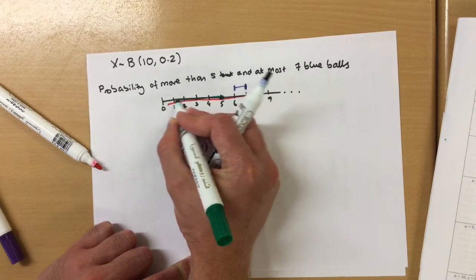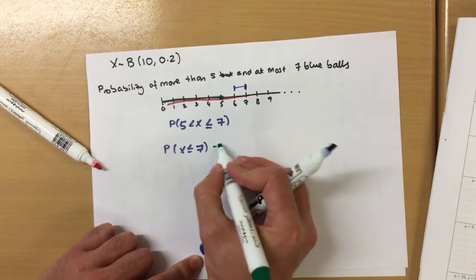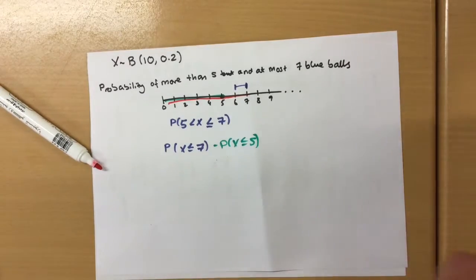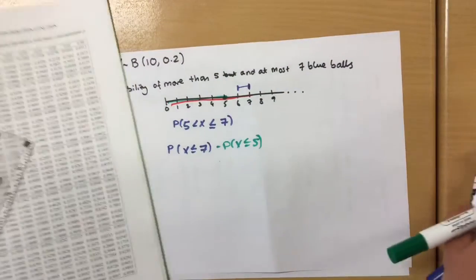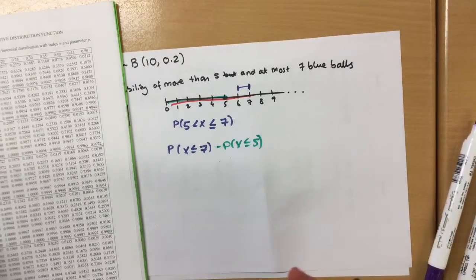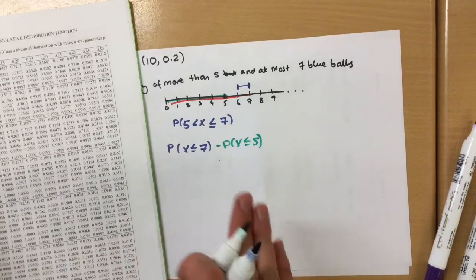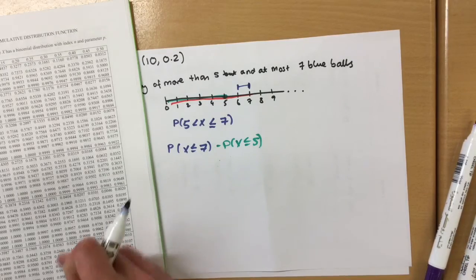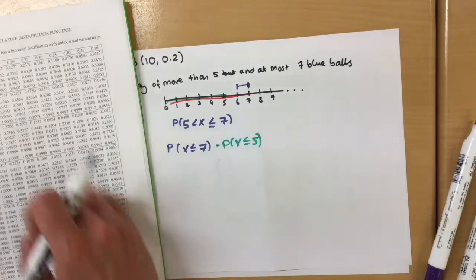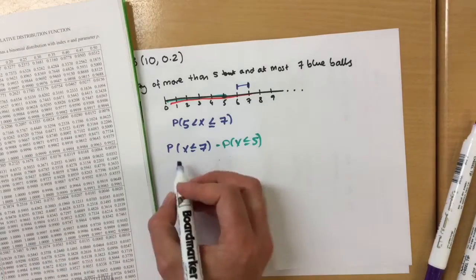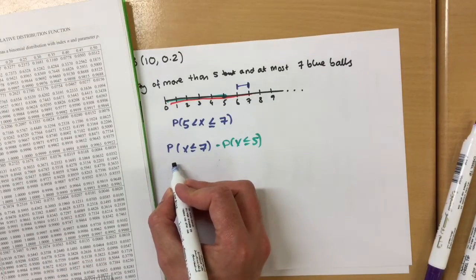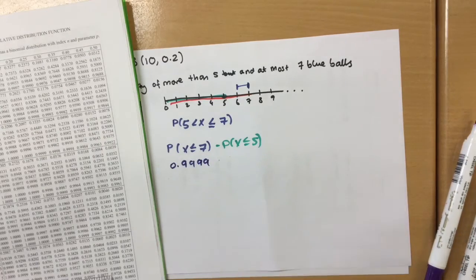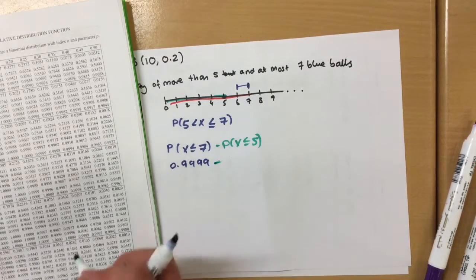So take away the probability that x is less than or equal to 5. Again, I can't stress enough, don't think you're too old for a number line. You can still use it and it's massively helpful. People get very complacent sometimes and make mistakes because they think they are awesome and too good for it.